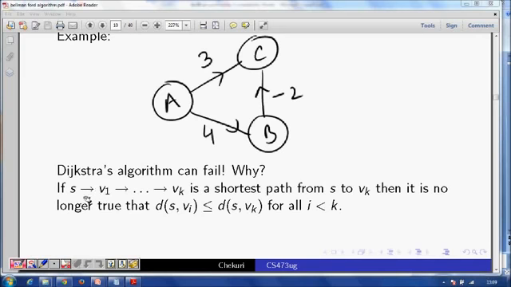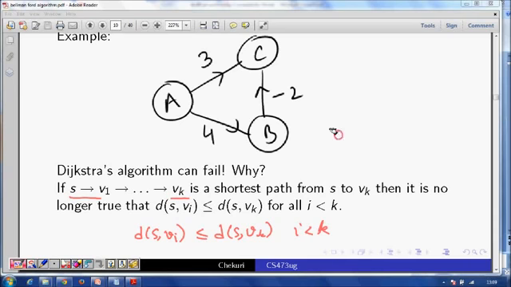Let's say we have a shortest path from S to V1 to V2 and then finally to Vk. Dijkstra's algorithm assumes that d(S, Vi) should be less than or equal to d(S, Vk), where i is less than k. So why will this be true?